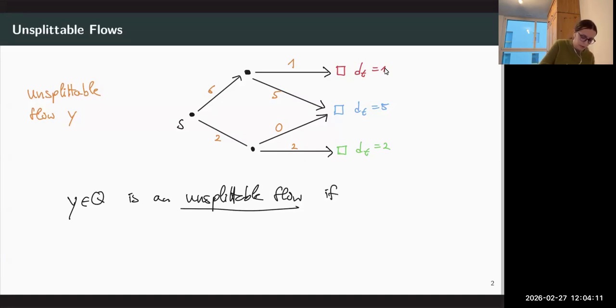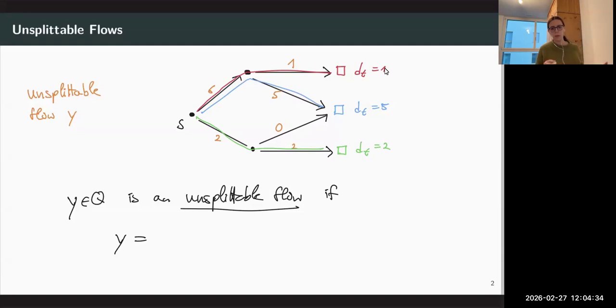But in addition, we require that y sends the flow to each of the sinks along a single path. For example, here in this picture, we are sending 1 unit of flow along this red path, 2 units of flow along this green path, and 5 units of flow along the blue path to the blue terminal.